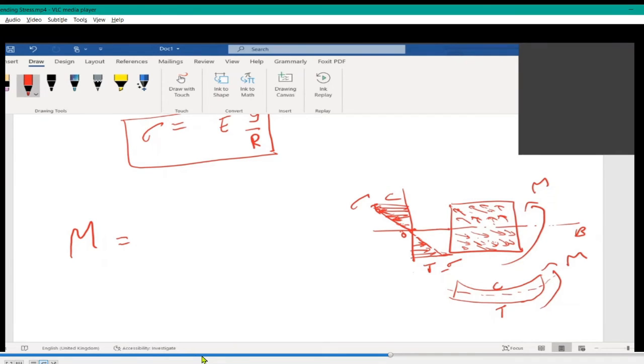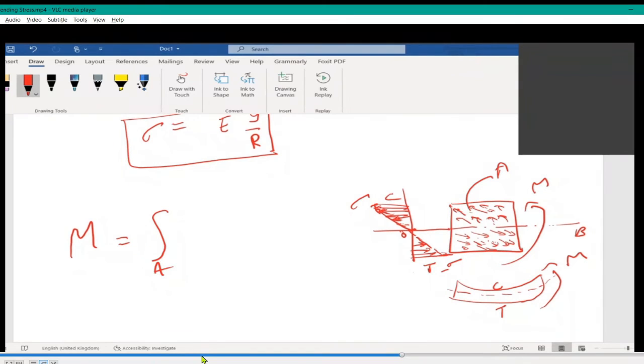To calculate the net value of the stress acting due to this moment, you can integrate by taking an elemental area. If the cross-section area of the element is A, integrate over the area and take the value one by one.